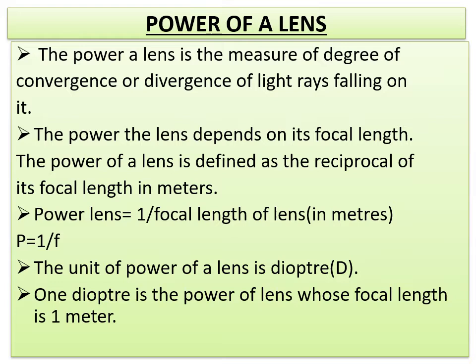So a more powerful lens is one that bends the light rays more and has a shorter focal length. These points you have to remember because they will be used in the coming lessons. These are all very important points, so listen carefully to each and everything I am telling.